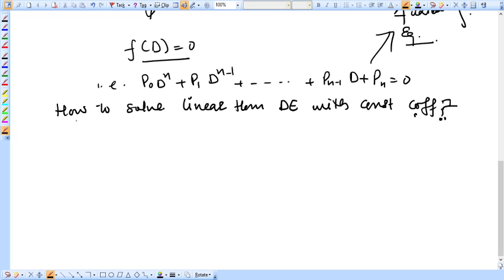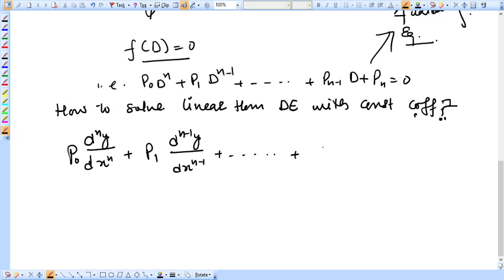Let me write how a linear homogeneous differential equation with constant coefficients looks like: p naught, where the p's are constants, times the nth derivative of y with respect to x, plus p1 times the (n-1)th derivative, plus so on, plus p n times y, is equal to 0, because we are going to solve the linear homogeneous differential equation, so 0 here.